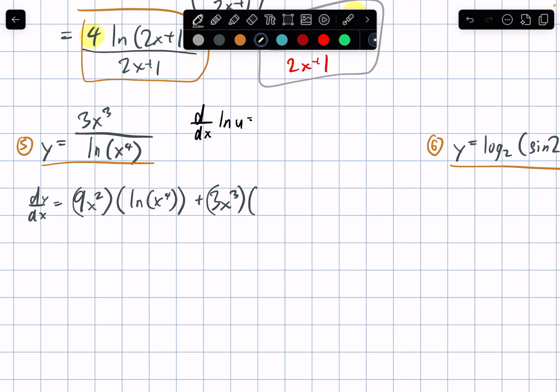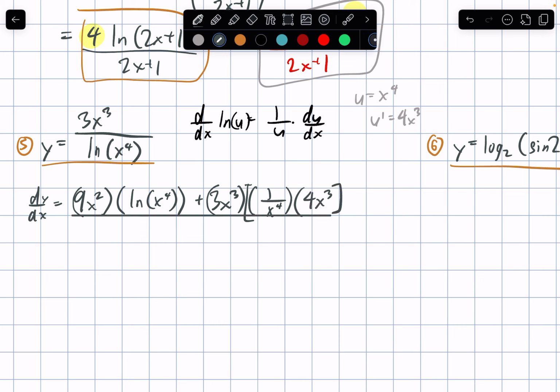ln u, right? And then that's going to equal 1 over u times du over dx. So our u is x raised to 4. Our derivative of u is going to be 4x cubed. So 1 over, we'll write that down already, 1 over x raised to 4 times 4x cubed.